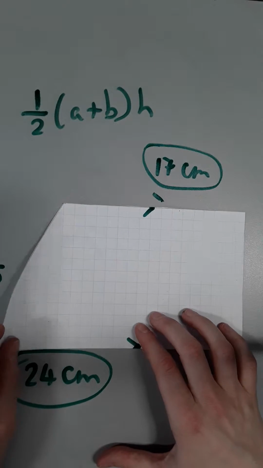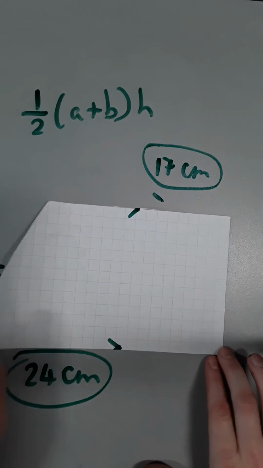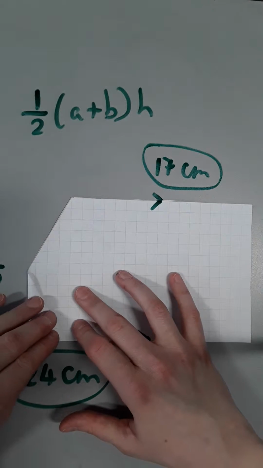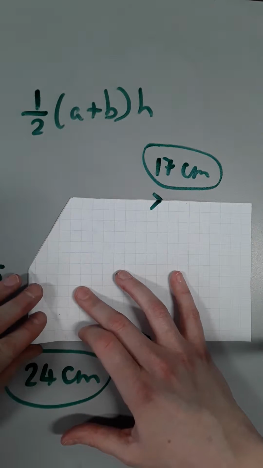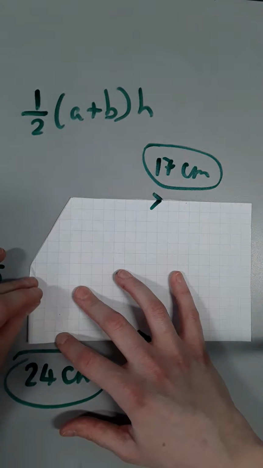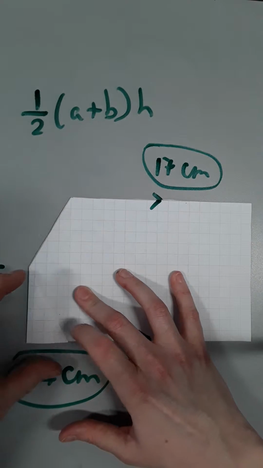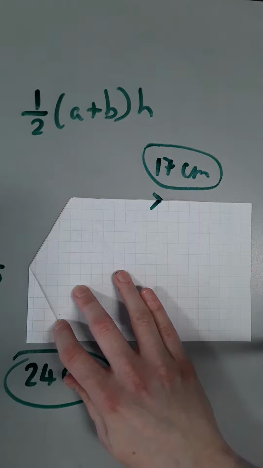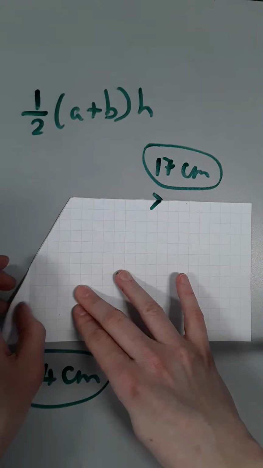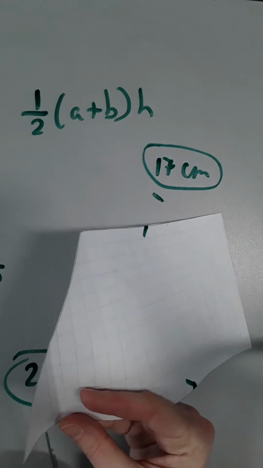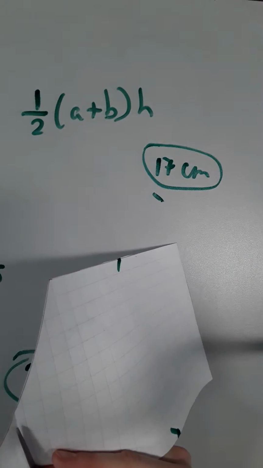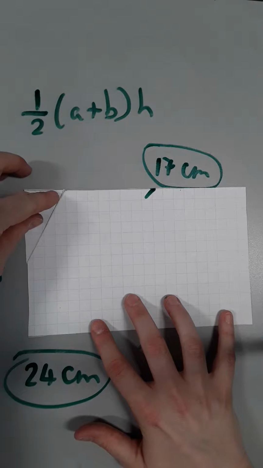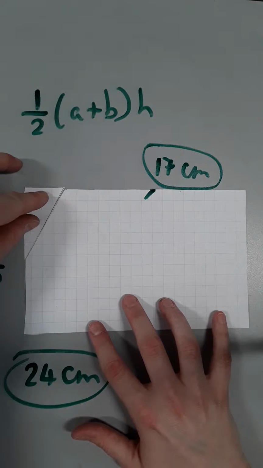Now, essentially, by meaning them, what you're doing is you're adding them together and dividing by 2, and that distance essentially gives you this distance here. So this distance from here to here would be 20.5 centimetres. Now, why that's so important is because if I cut down from that point and make a triangle, the amazing thing is, if I then spin that triangle around, it creates a rectangle.